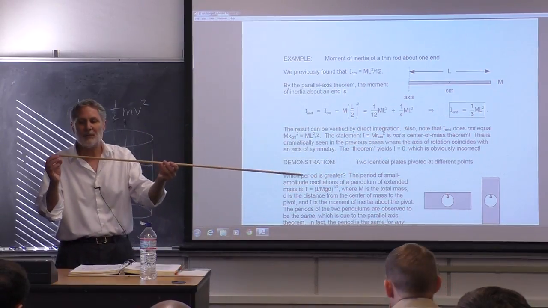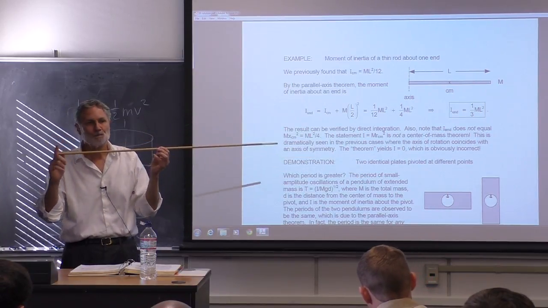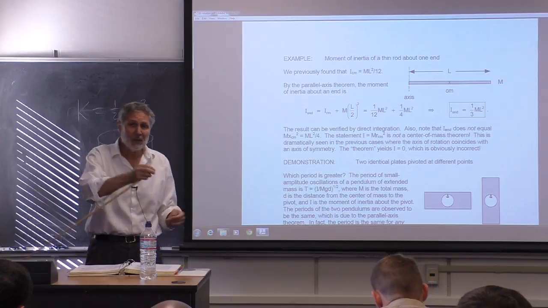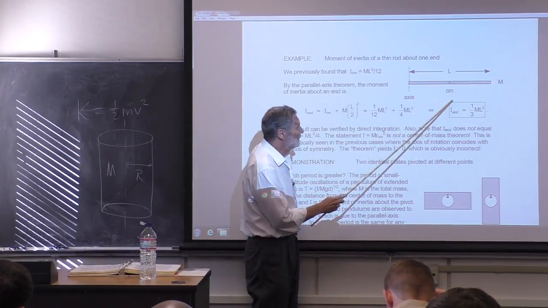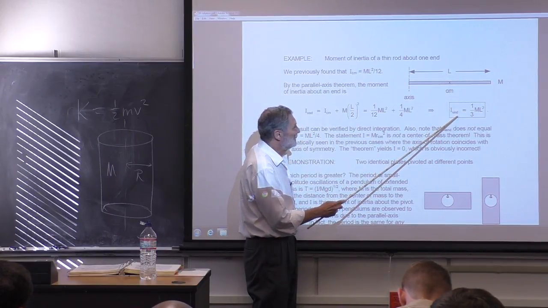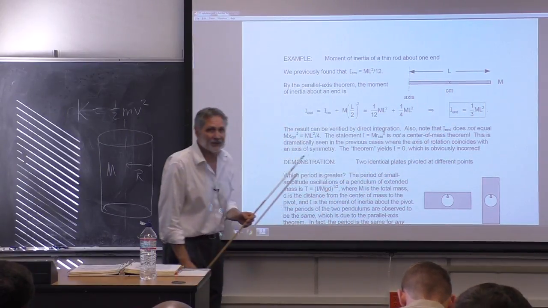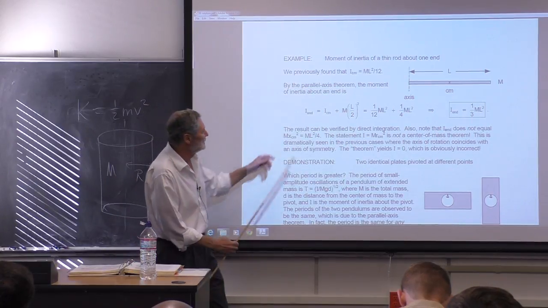So this is what people usually remember for the moment of inertia: the moment of inertia about the end of a rod. In applications that often comes up, so people, including me, memorize this naturally. If you want to find the moment of inertia about the center of mass, what do you do?